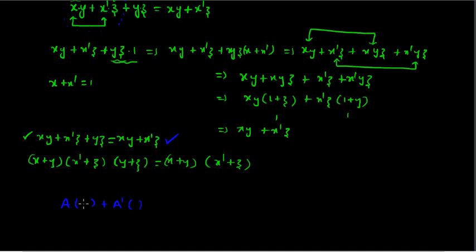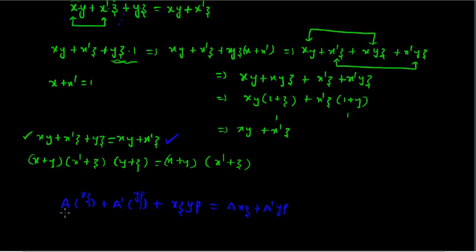Suppose this is xz, and this is yp, where p is also a variable. Now plus you have xzyp. This can be written as a times xz plus a bar times yp.